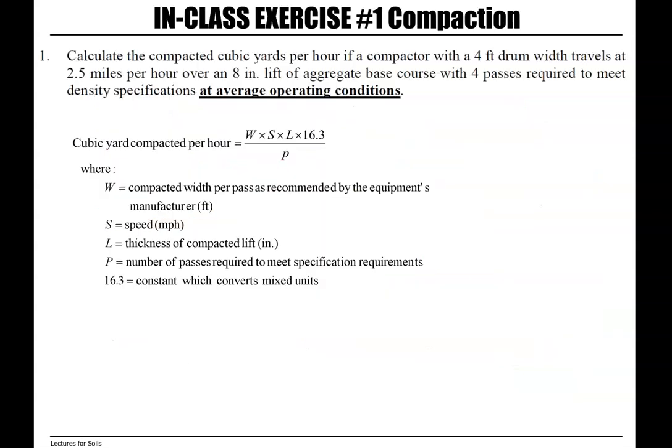Again, another example, we have a width of 4 feet, a speed of 2.5 miles per hour, thickness of lift 8 inch, and number of passes required 4. The job condition is described as average, which means that 83% of the cubic yard compacted per hour will be achieved.